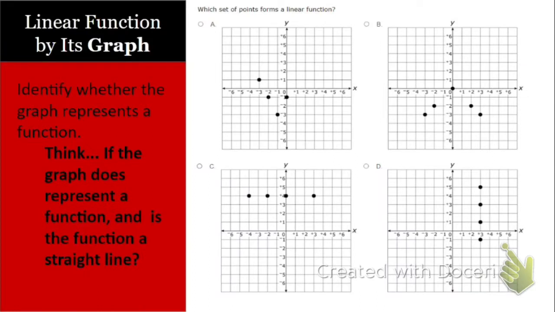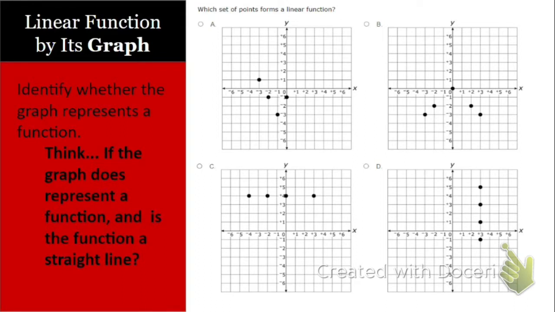The first example says, which set of points form a linear function. In order for us to determine this, the first thing we've got to do is identify, is it a function or not? And we can eliminate answer choices based off that. Then after we identify if it is a function, we're looking to form straight lines with the function that it is. Alright, so let's see.